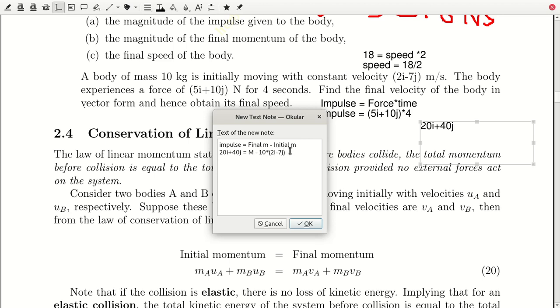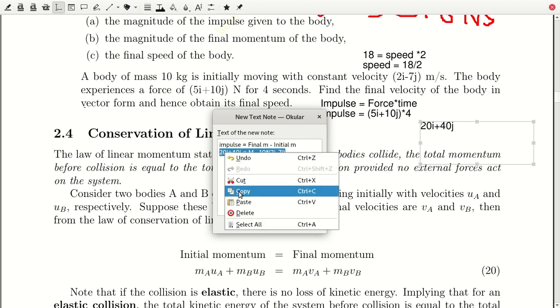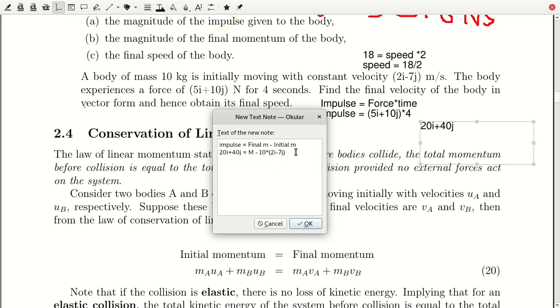So this will be 10 times 2, we get 20, and 10 times 7, we get 70.